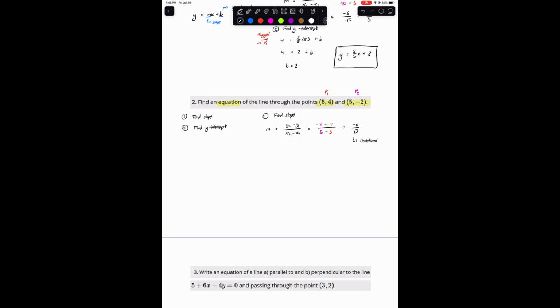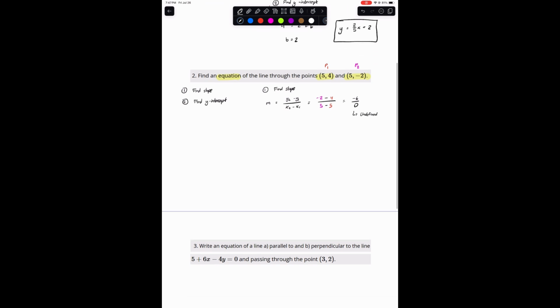And that means our line is vertical. Every vertical line has an undefined slope. Every horizontal line has a slope of 0, and every non-vertical line has some defined slope.